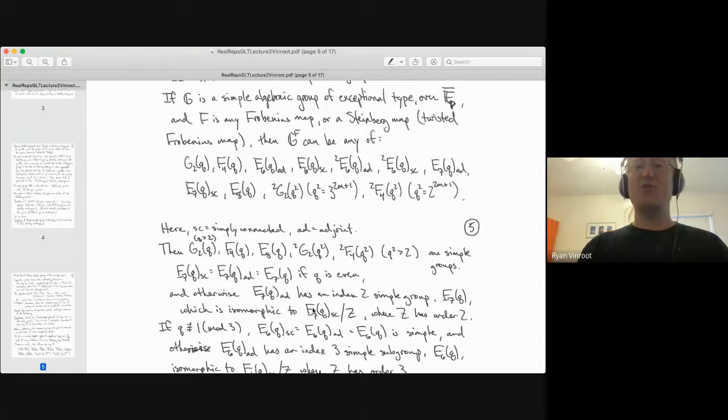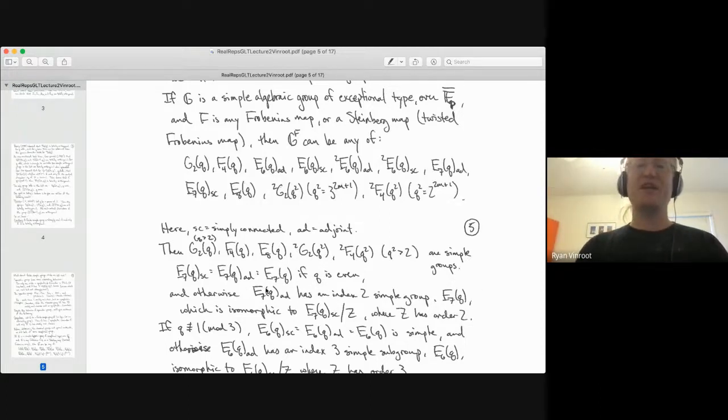And when q is odd, the simply connected one, you can mod out by an order 2 center, and you get a simple group. In other words, E7 simply connected is some cover of the simple group of type E7, and E7(q) adjoint is some supergroup, by index 2, of the simple group of type E7.